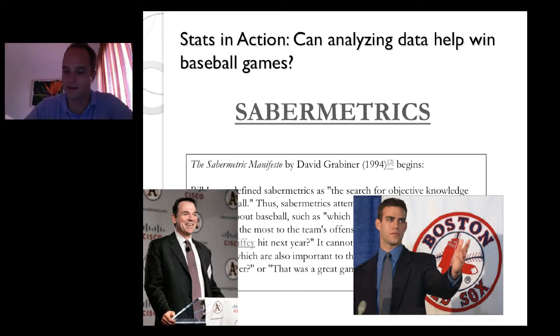Theo Epstein, the previous general manager of the Boston Red Sox, both subscribe to managerial decision making through data, moving away from gut instinct and the more traditional way of making managerial decisions in baseball, and really just letting the data do the talking.